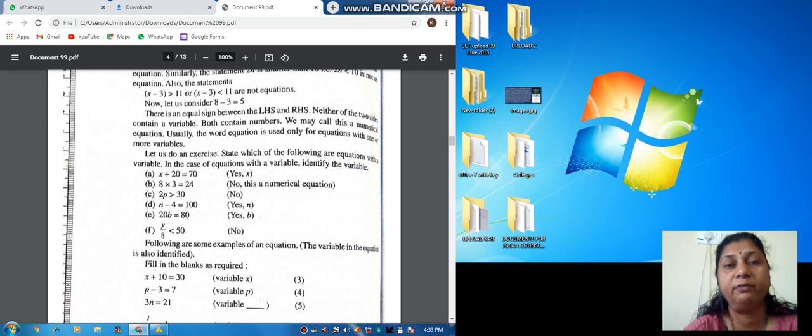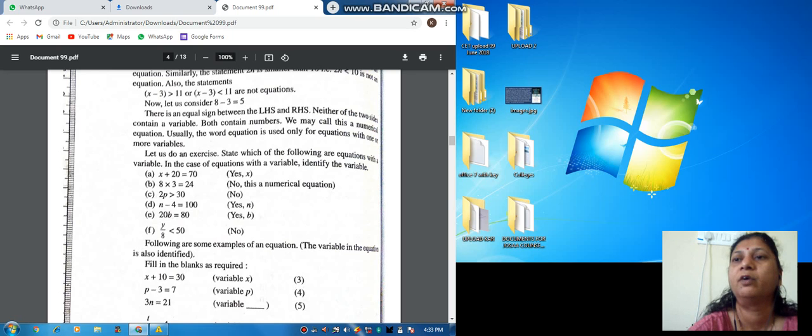Which is the variable here? x. 8 multiplied by 3 is equal to 24. Is there any variable? No, it is a numerical expression. What is a numerical expression? If on both sides there are only numbers and no variable, it is called a numerical expression.